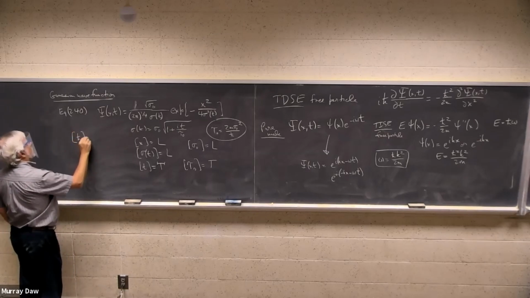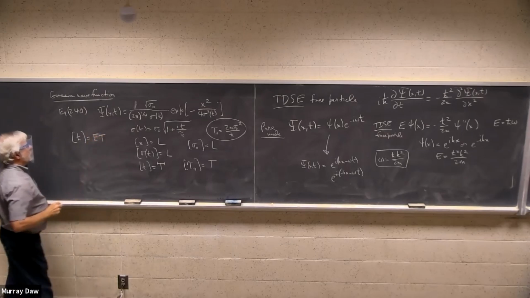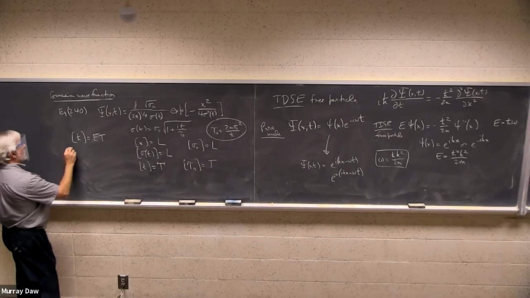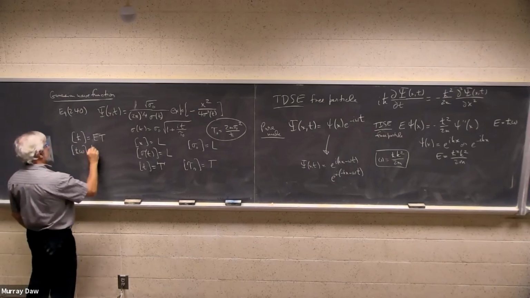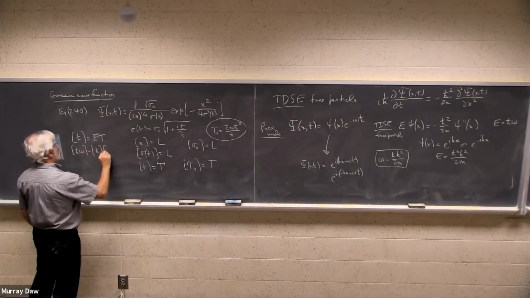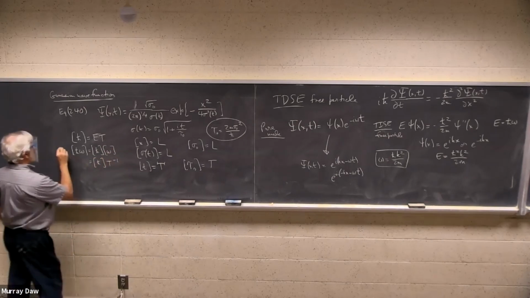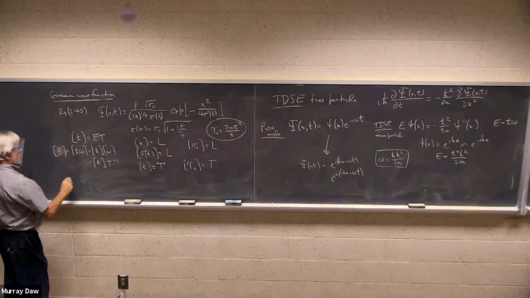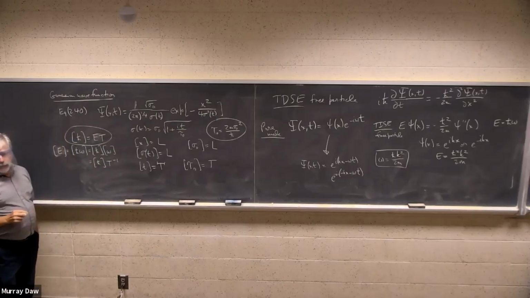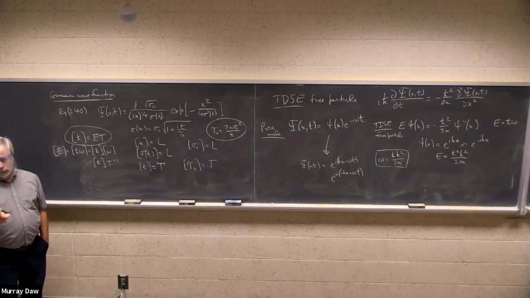H bar must have dimensions of an energy times time. If I multiply by omega, omega is inverse time, frequency, this must be an energy. Okay, so h bar has dimensions of energy times time. Put that in here, you'll see that that ratio of constants must also have dimensions of time. So it's the time scale.